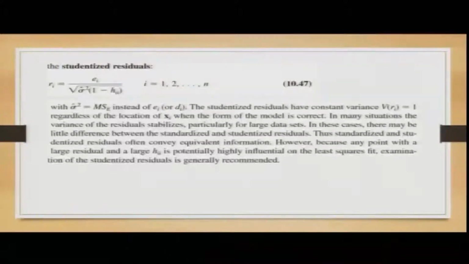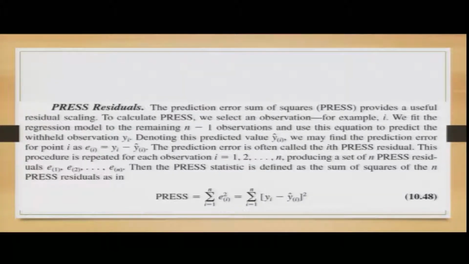In these cases, there may be little difference between the standardized and studentized residuals, and they often convey equivalent information. However, because any point with a large residual and large value of h_ii is potentially highly influential on the least squares fit, examination of the studentized residuals is generally recommended in order to make much more scientific comments about the observations.